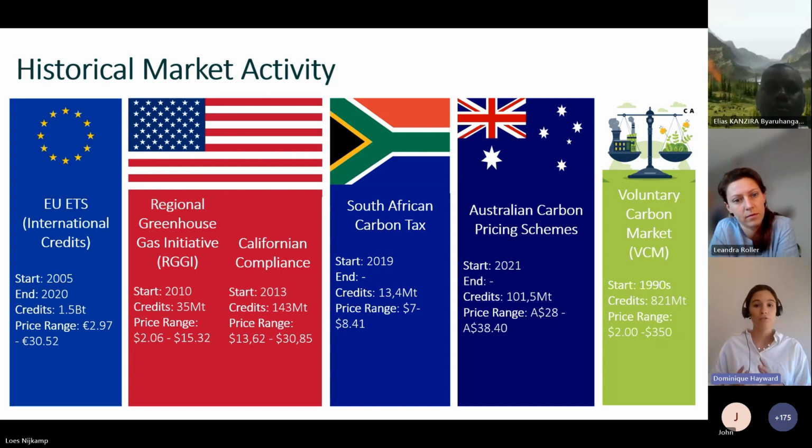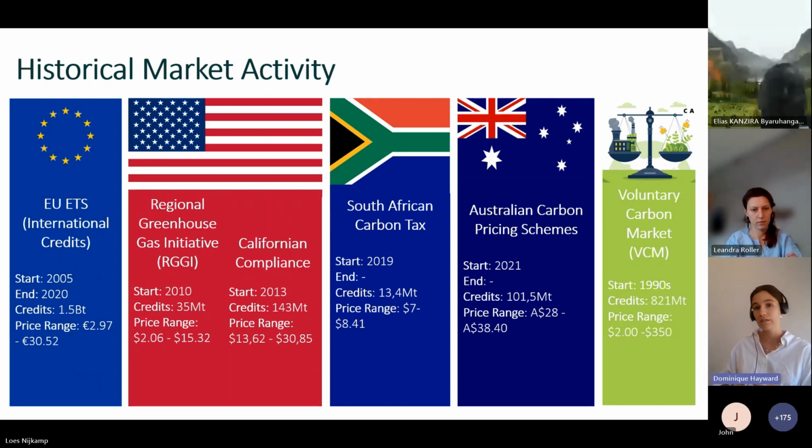From here, you can see there's quite a lot of numbers on this slide, but basically I want to emphasize that the combined use of credits in these markets has been around, let's say, 2.6 billion tons at varying price ranges.